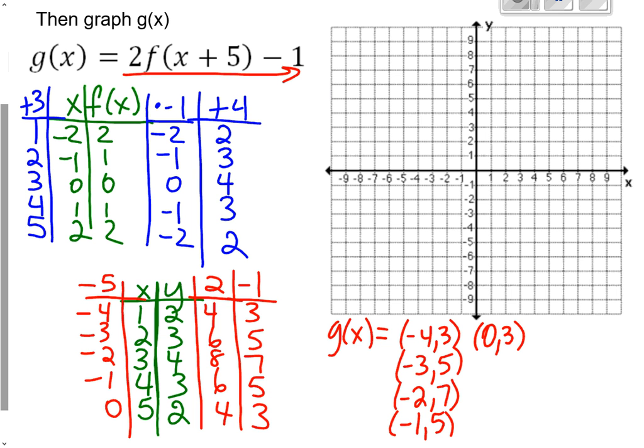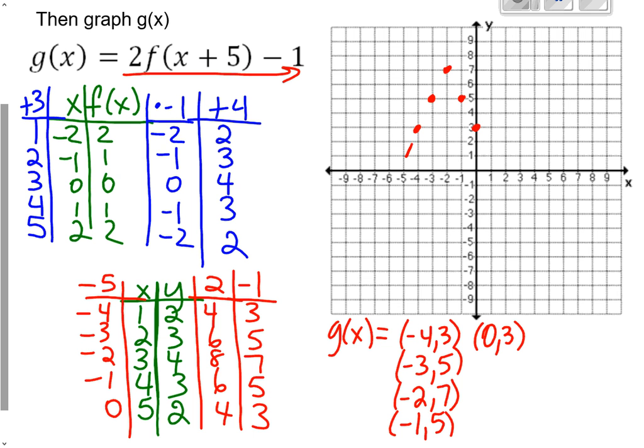So let's plot these and see what we get. It should be some kind of absolute value graph. So -4 and +3, -3 and +5, and then -2 and +7, and then -1 and +5, and 0 and 3.